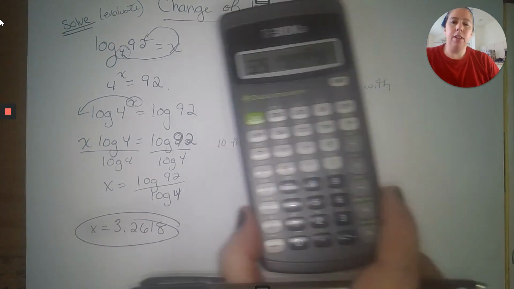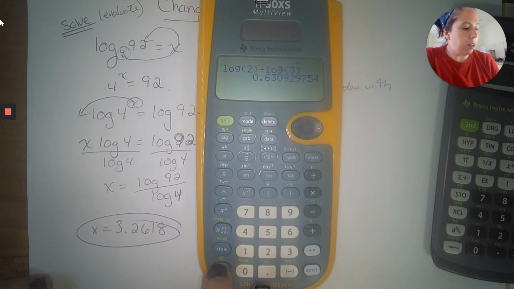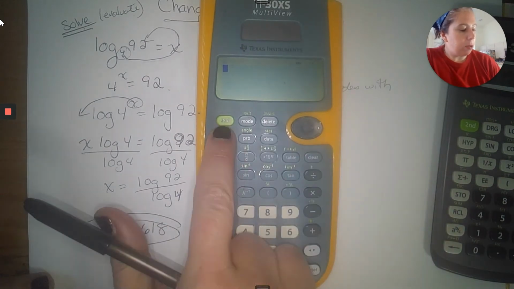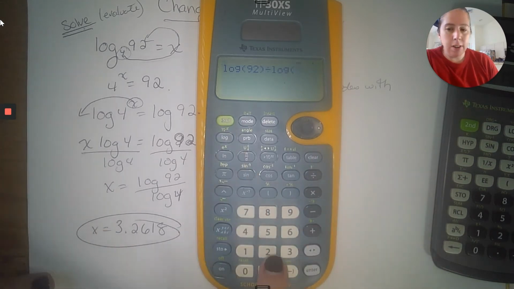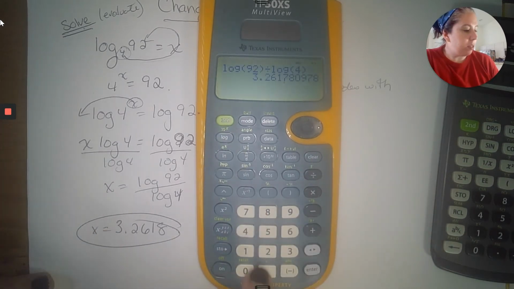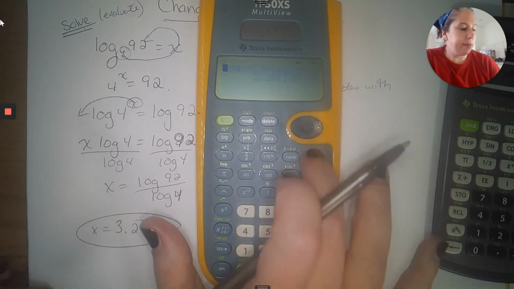And we'll do it on this one just to make sure everybody remembers how to do it. So we're going to go log 92, close the parentheses, divided by log 4, close the parentheses, and you're going to get the same answer.